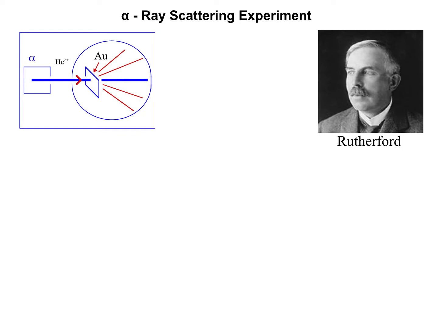Alpha rays are the rays emitted by radioactive material and later were found to be helium nuclei. These are emitted when a nucleus disintegrates. The radioactive reactions produce alpha rays, or helium nuclei, as byproducts, and these are ejected from the nucleus.